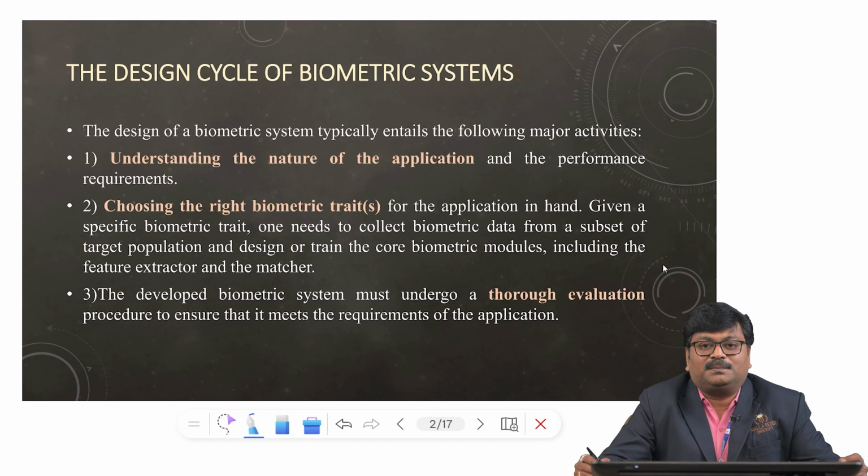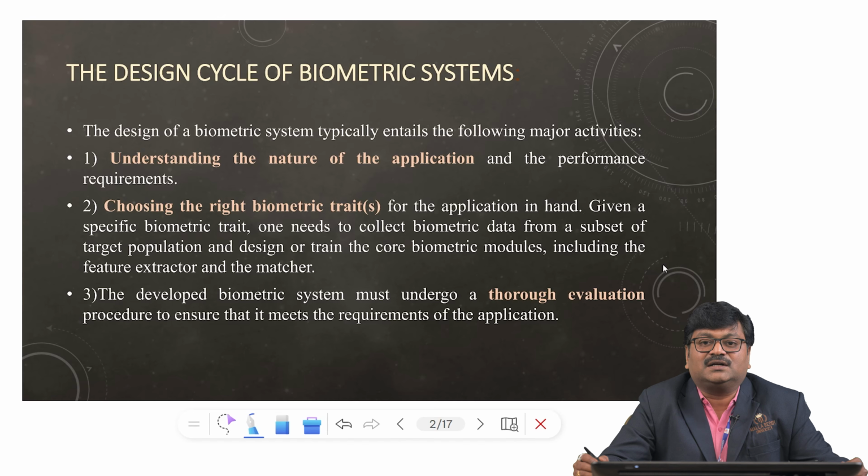Biometric traits are of two categories. One is the physiological trait, whereas the other one is the behavior trait. Physiological traits are related to our physical body, such as fingers, iris, retina, face. These are considered physiological traits.